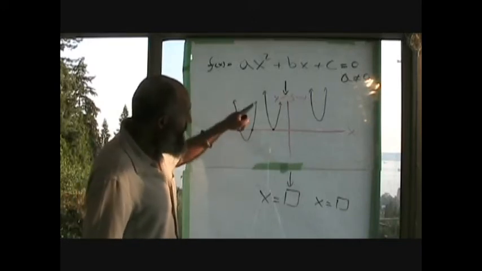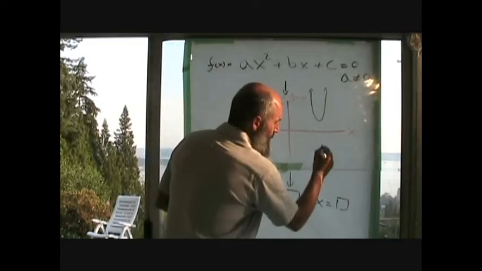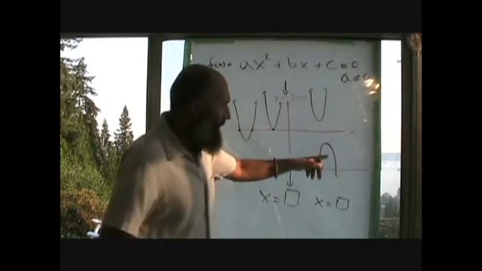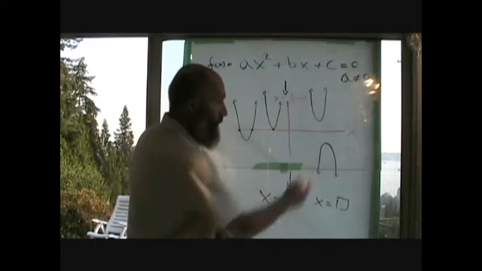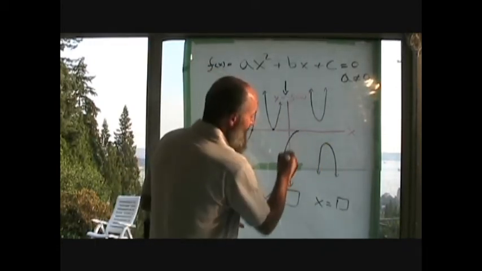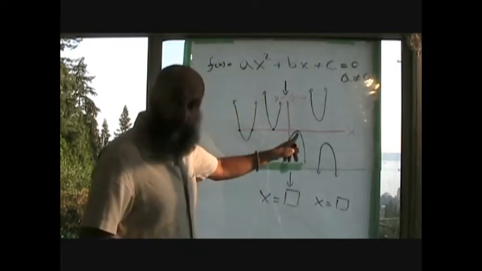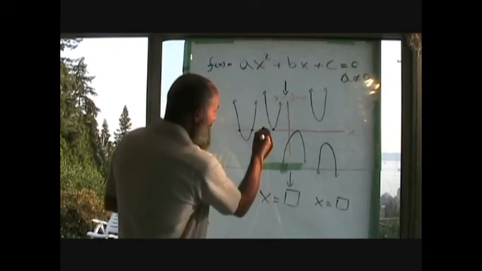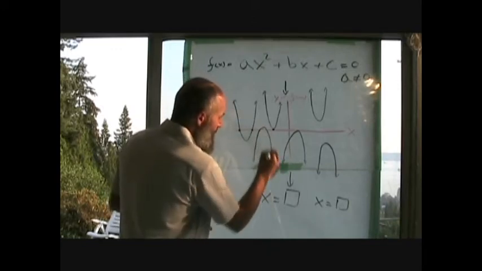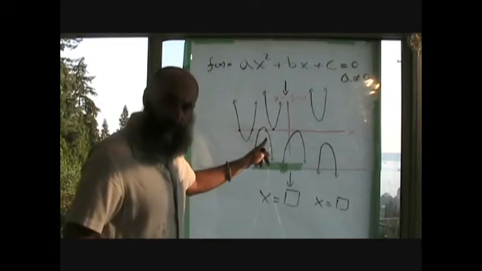And the parabolas don't have to open up. They could open down as well, right? So this one would be a quadratic equation opening down with no solutions because it doesn't cross the x-axis. This would be a quadratic equation opening down with one solution, one x-intercept, or this could be a quadratic equation with two x-intercepts, two solutions.